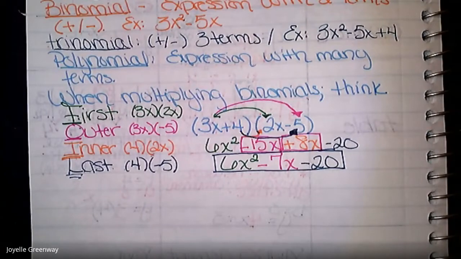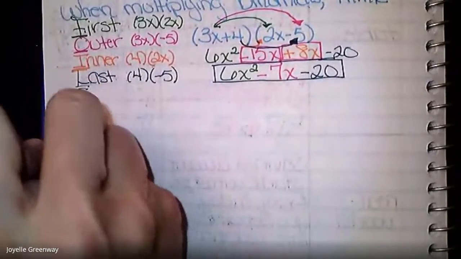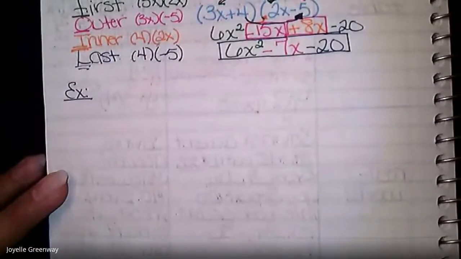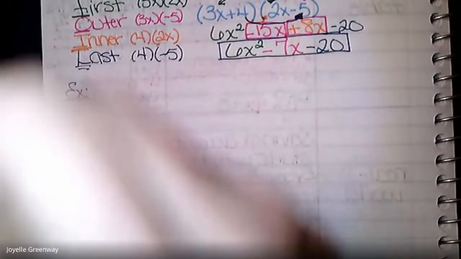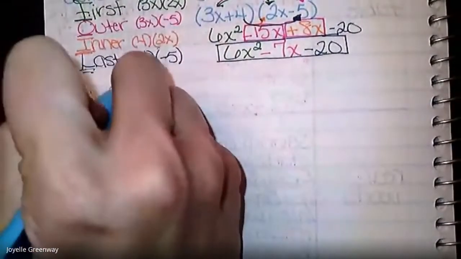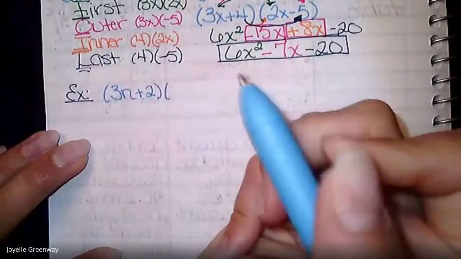So let's do an example together, and we'll see if this makes sense. So the first example we're going to do is 3n plus 2. And we're going to multiply that by n minus 6.